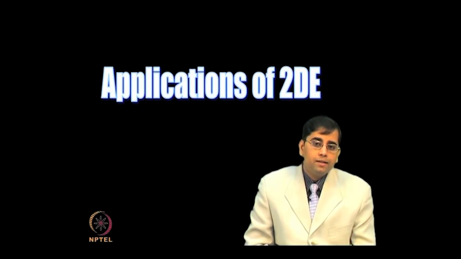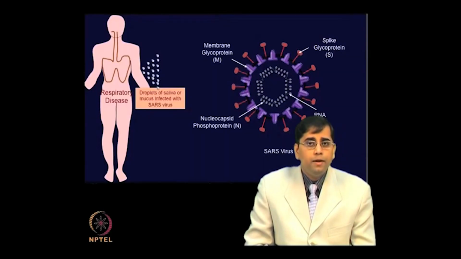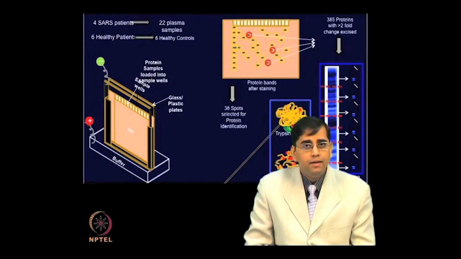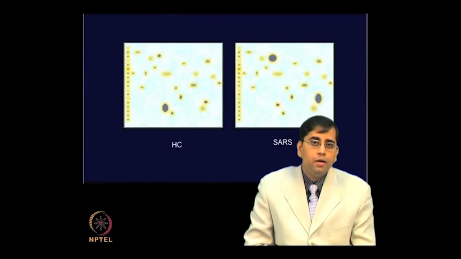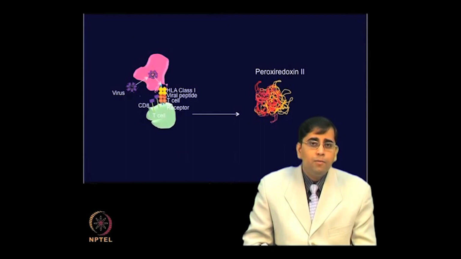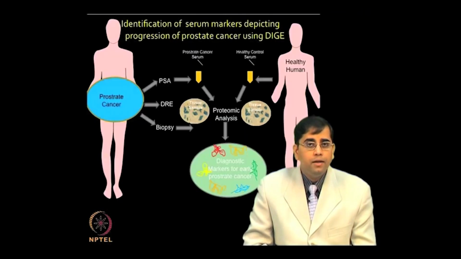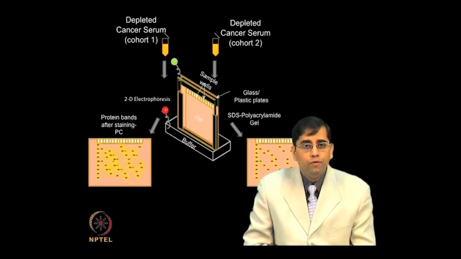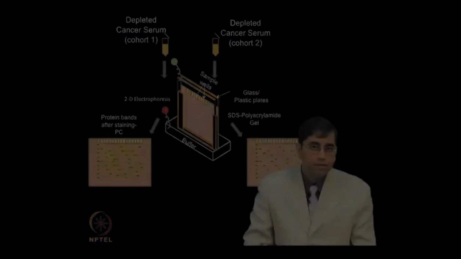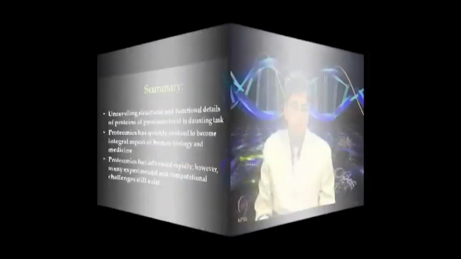Two-dimensional electrophoresis, DIGE followed by mass spectrometry technique has been applied for many applications. Some of these applications will be discussed in this module of gel based proteomics. This century is considered as century of biology, in which life science research is undergoing a profound transformation by employing various omic technologies.